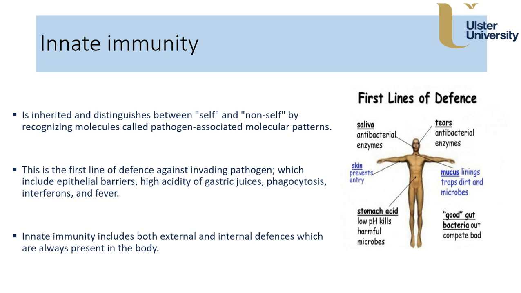So the diagram on the right shows some more components of the first line of defense, some of which are external, including the tears in the skin. We can divide some of the first line of defense into a physical barrier and a chemical barrier. A good example of a chemical first line of defense barrier is the stomach, as this contains gastric fluids with a very low pH, and these can actually just kill microbes.